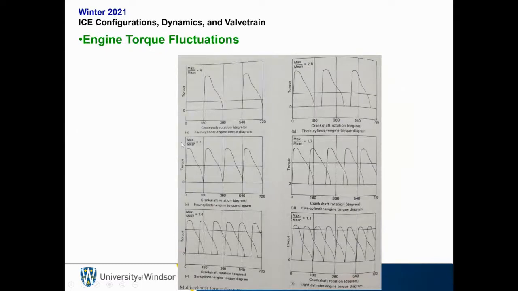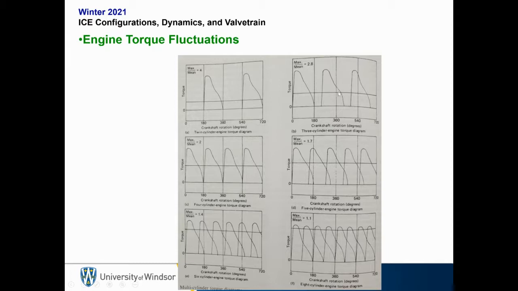Now if you look here, this is the engine torque for a given number of cylinders. In the simplest example, a twin cylinder engine, there's still a huge gap where no torque is being applied. Even with a flywheel, you're going to need a very large flywheel to balance out the large fluctuations in the torque.